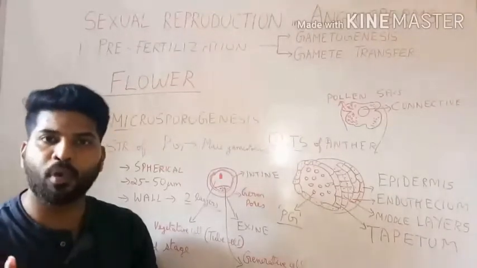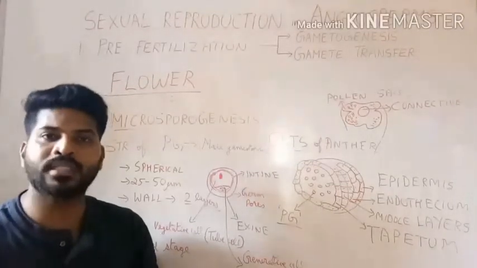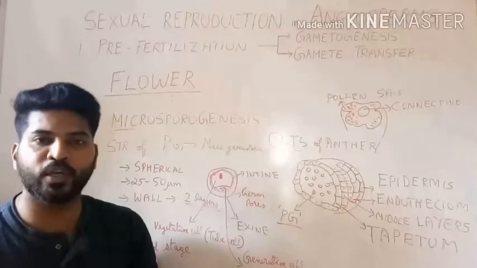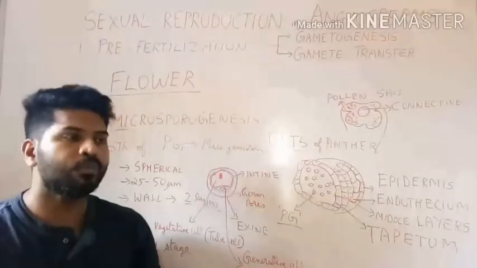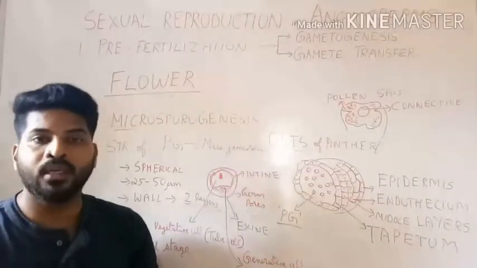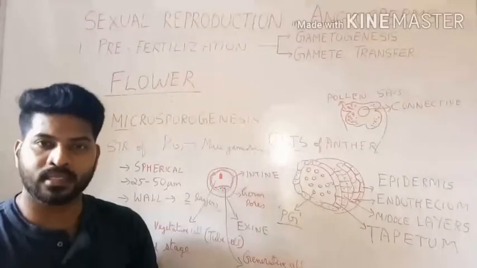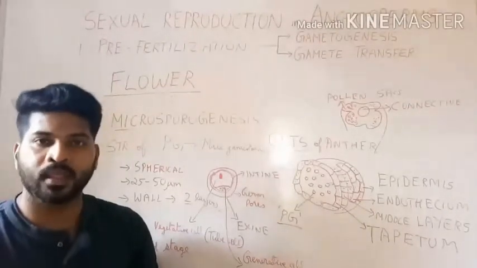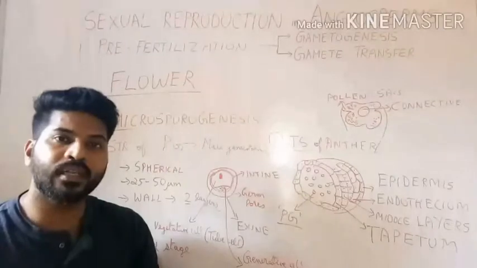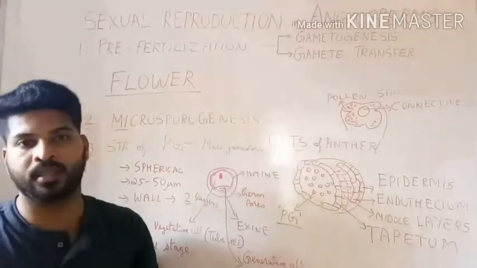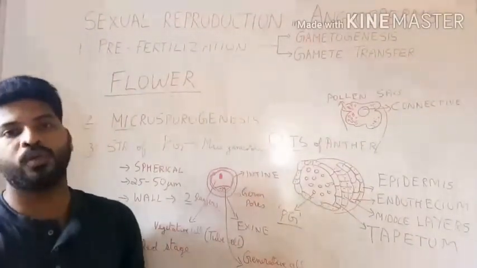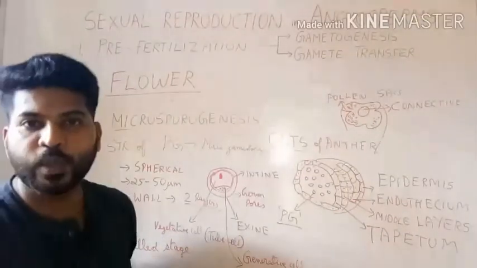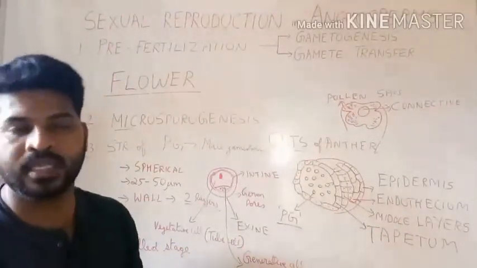After 30 minutes, the pollen grains will not produce a pollen tube. Whereas some other pollen grains belonging to the families Leguminosae, Solanaceae, and Liliaceae can be viable for months together. That is about the male reproductive structure, that is the stamen.